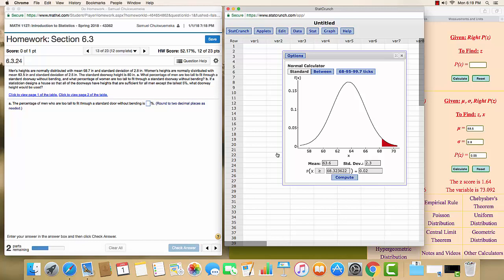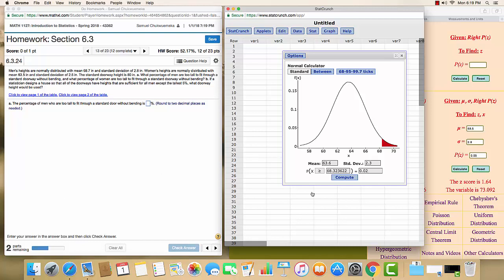The standard doorway height is 80 inches. A. What percentage of men are too tall to fit through a standard doorway without bending? And what percentage of women are too tall to fit through a standard doorway without bending?